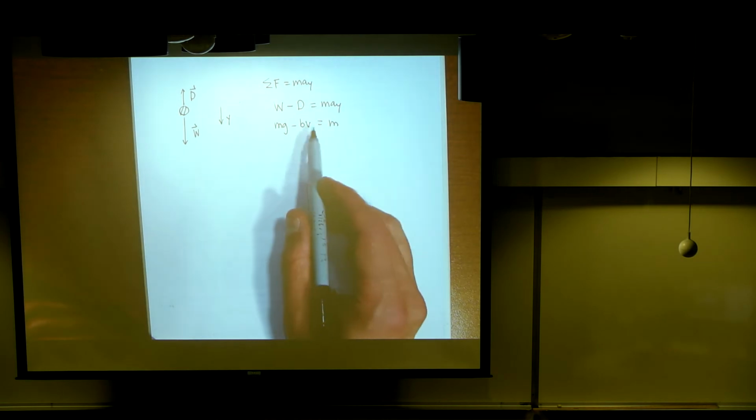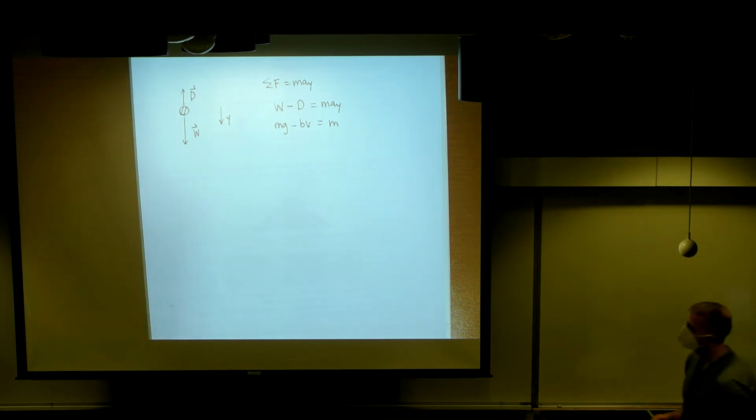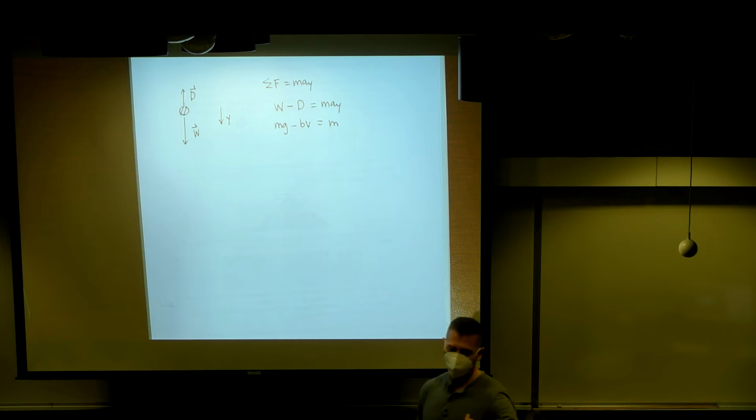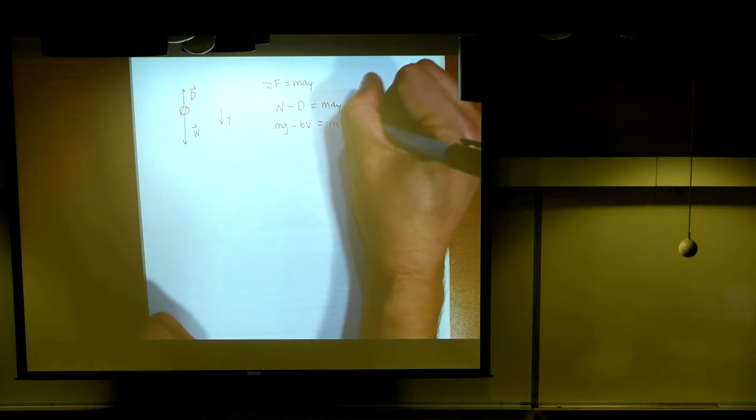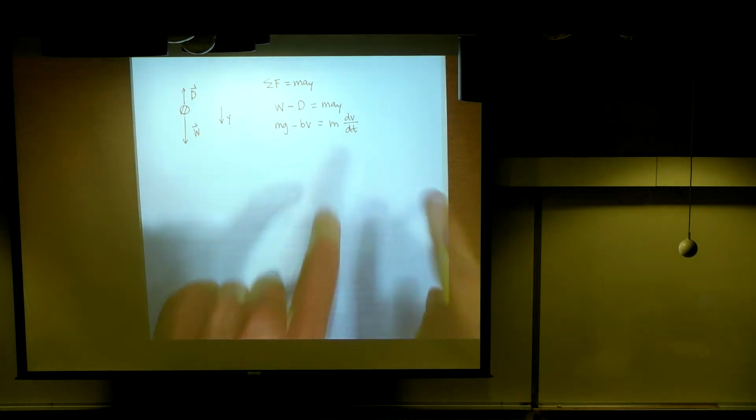Does anyone remember how to define acceleration in terms of a derivative? Velocity with respect to time? Yes, exactly, because acceleration is the rate of change of velocity. In calculus terms, we can write that as dv/dt. So it's a derivative of velocity with respect to time.